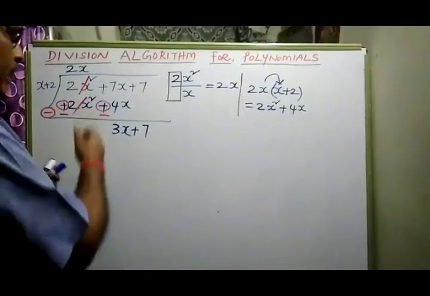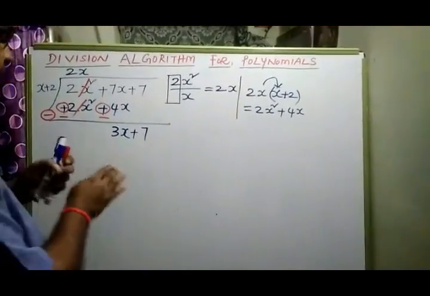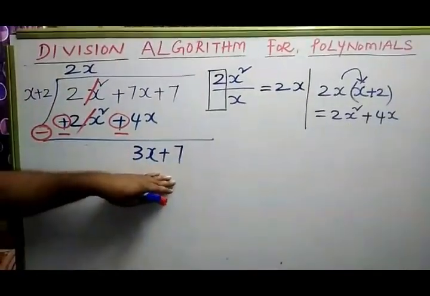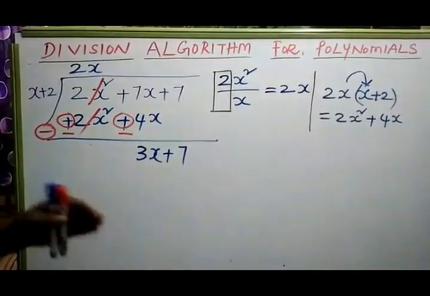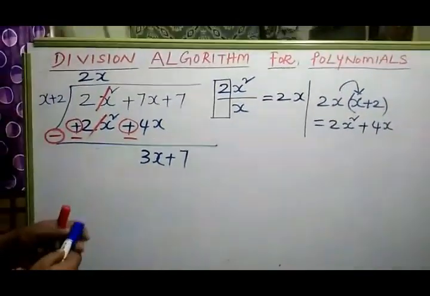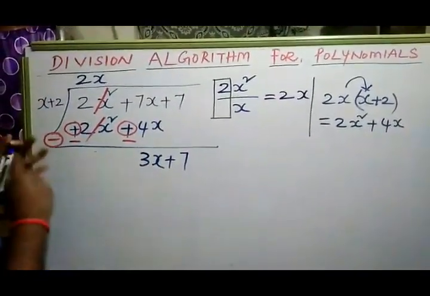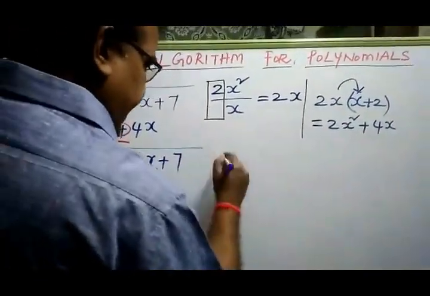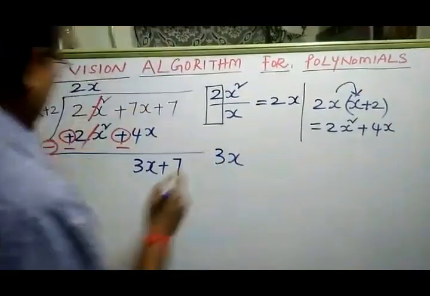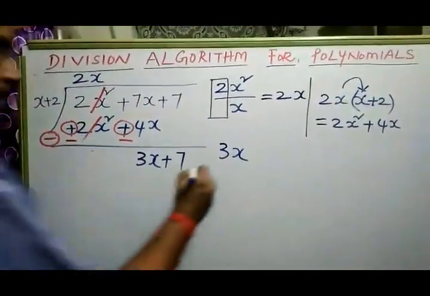Now, 3x plus 7 is the new dividend. Perform the division again. The first term of 3x plus 7 is 3x. Same process: the first term of the divisor is x.